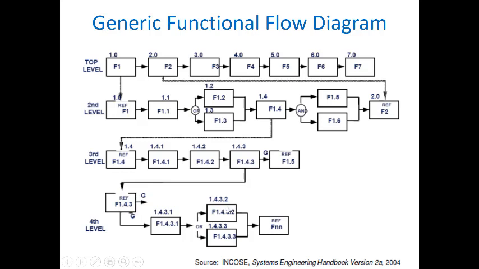And again, some of these functions may just go down into one more level of detail or two more levels of detail. Some of these functions may go into 4 or 5 levels of detail. That depends on the functions that we define and how much more detail is involved in that function.